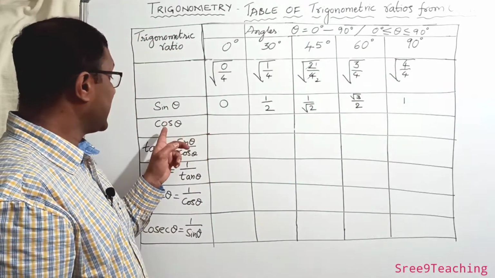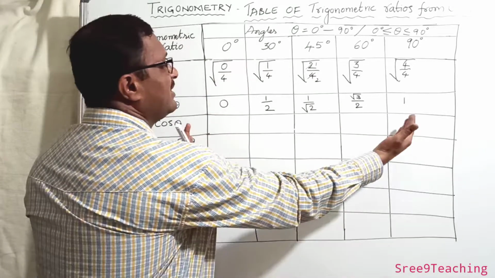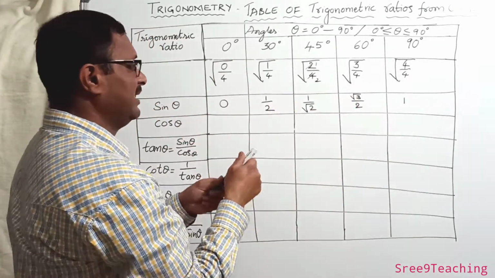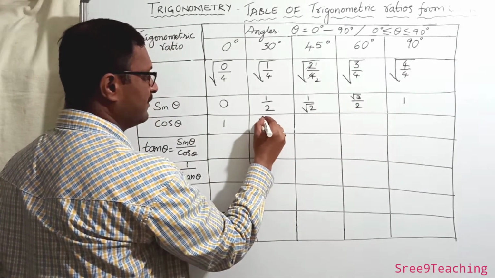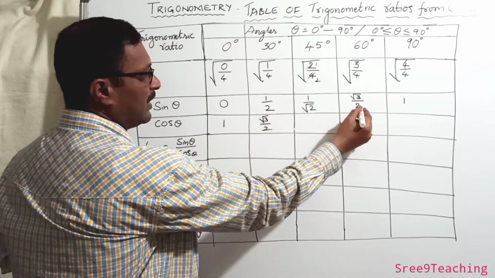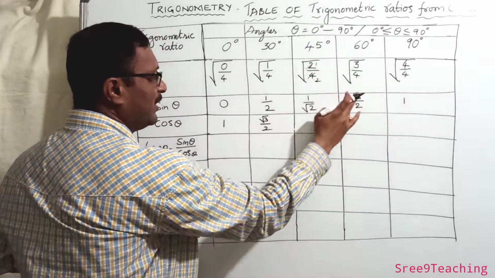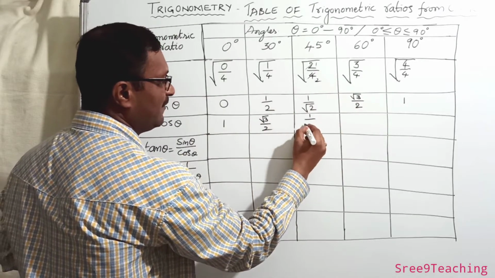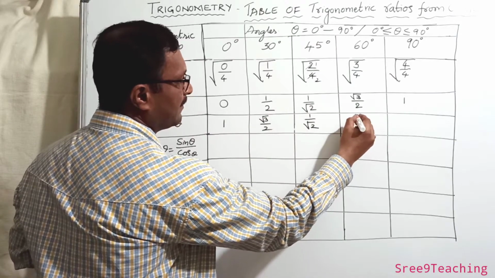Okay, now let us write the values for cos theta, like cos 0. Simple it is. You write in converse or reverse, meaning you write first 1 here and root 3 by 2 here. After root 3 by 2 we are coming in reverse way. So first 1 we are writing, root 3 by 2 here, and 1 by root 2 there only itself, and 1 by 2 here, and 0.